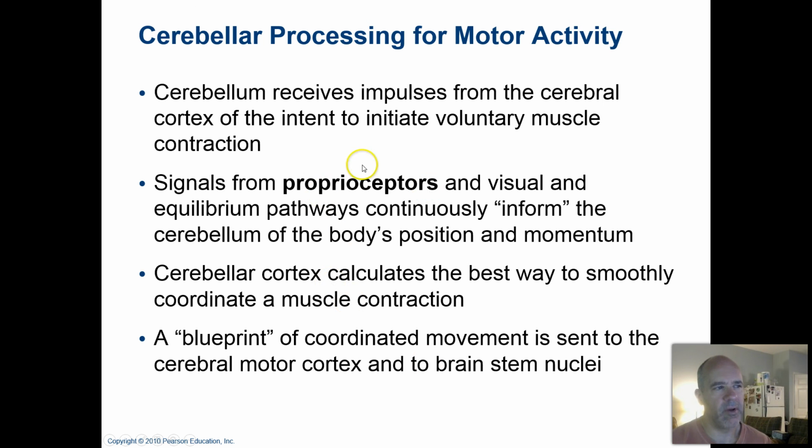Another term you should be at least a little bit familiar with, especially if you're going into the physical therapy assistantship program or something similar. The cerebellum receives signals from your proprioceptors. Those are sensory structures, part of your sensory nervous system, that react to changes in joints.